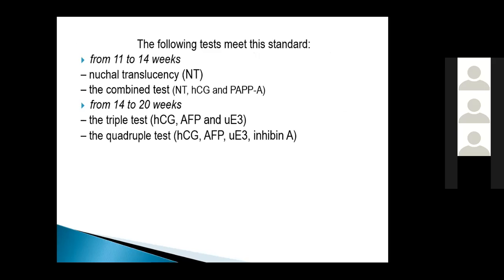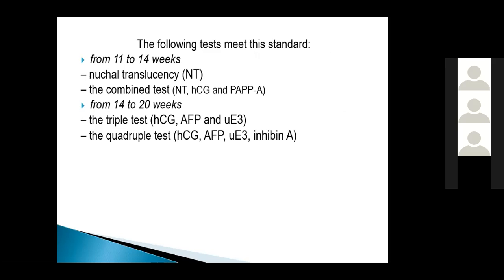What investigations will we advise in such situations? Yes, from 11 to 14 weeks, if the patient presents to you and has a history of Down syndrome in a previous child, or is an aged patient, or there are high chances from family history, then nuchal translucency, the combined test, can contain NT, HCG, and PAPP-A.